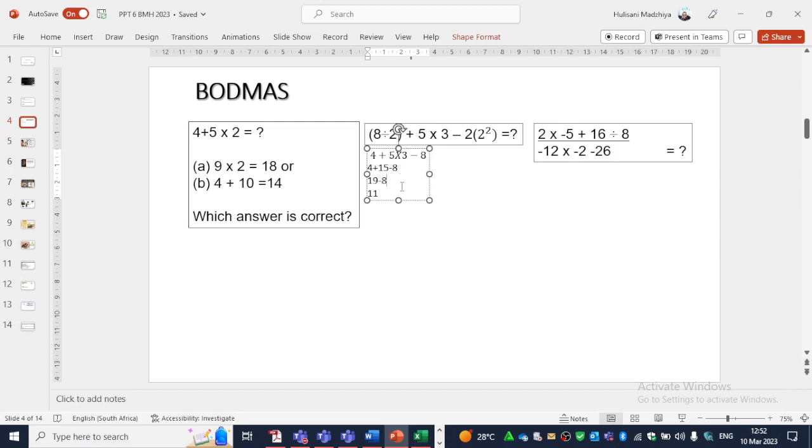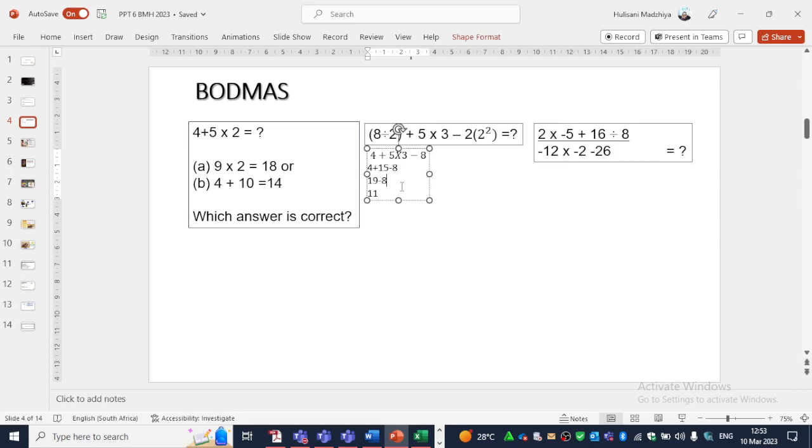So our next step is 4 plus 15 minus 8. Since we are left with addition and subtraction, which hold the same weight, we start from the left to the right.